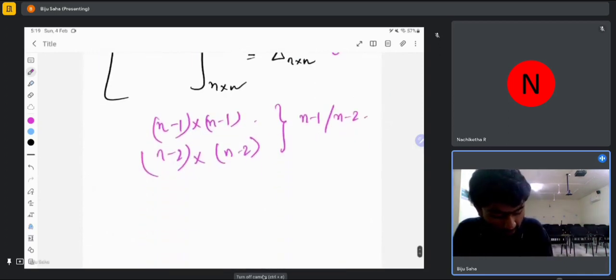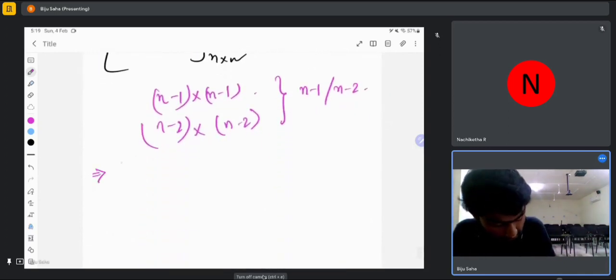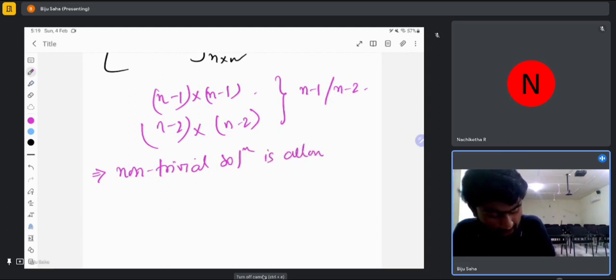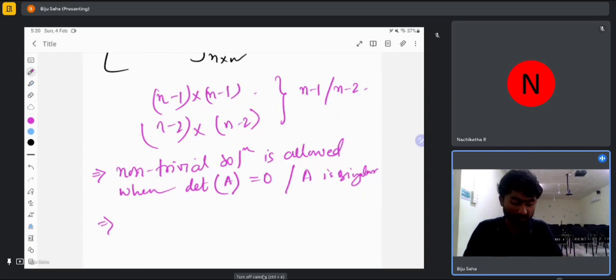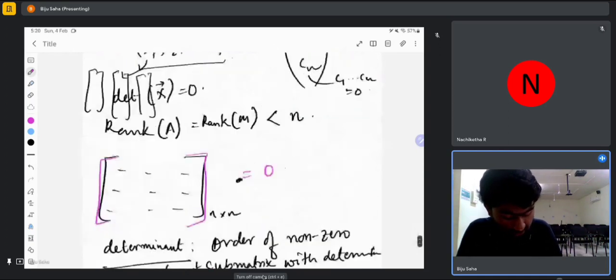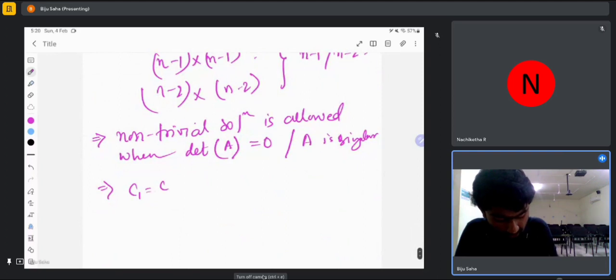So in words, a non-trivial solution is allowed when the determinant of the matrix is equal to 0, or A is singular. When I say a non-trivial solution is allowed, that means C1, C2, ... Cn can have values which are not 0.